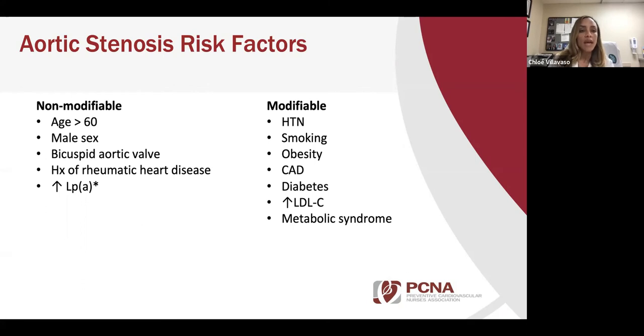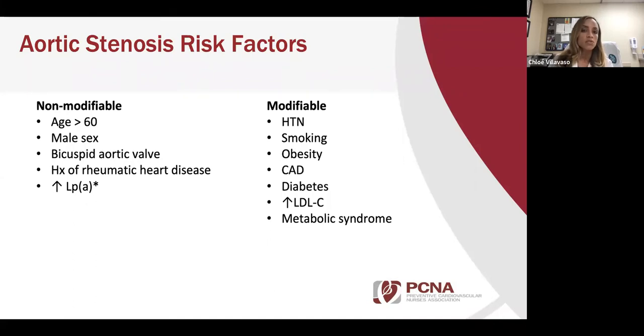So while we don't have any particular drugs that target Lp(a), there's nothing at this point besides lowering the LDL that we can do to lower Lp(a). There are medications that lower Lp(a), but we don't have any specific drugs that target just the Lp(a).